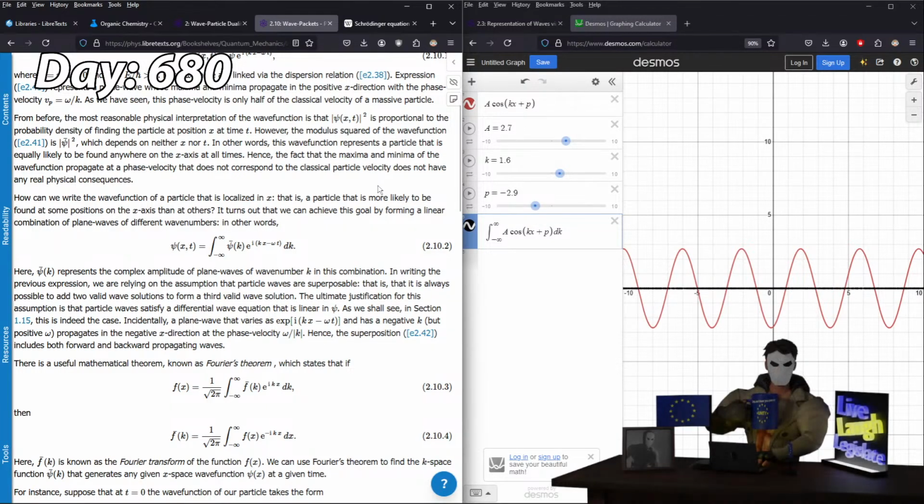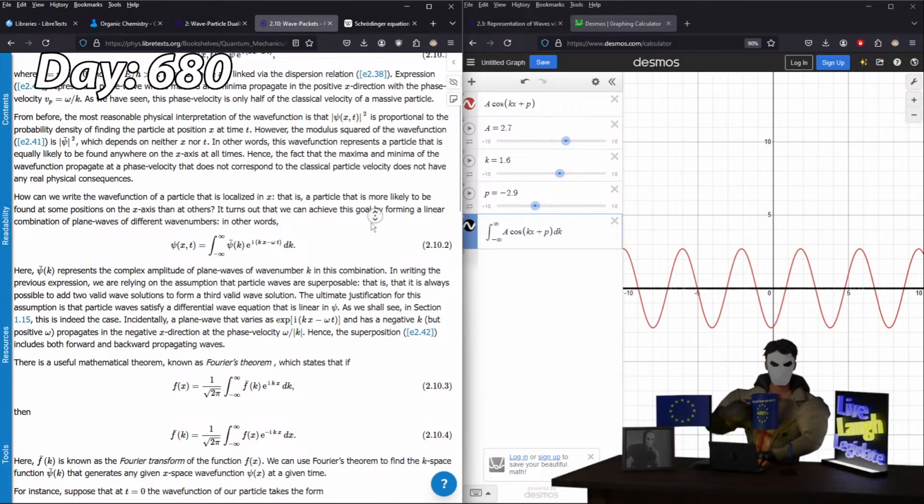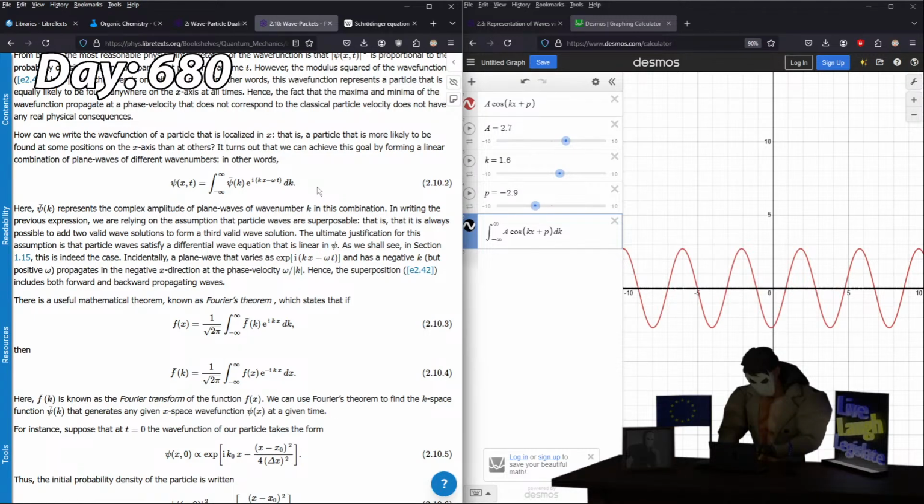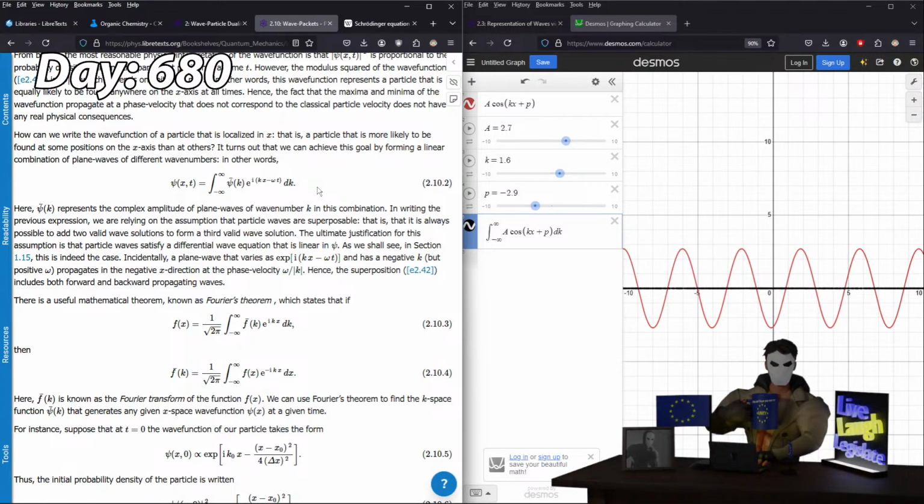Wave function of a particle as localized at x, this particle markedly being further. So we add together... Okay. This is an integral in relation to k, which means what we do here is we add together all the different k's. And oh my goodness, it makes sense!